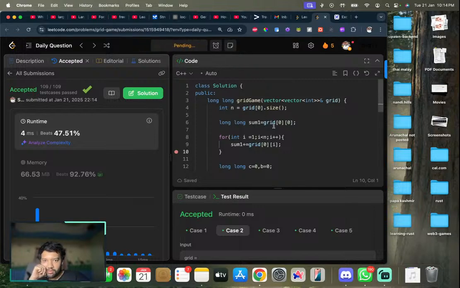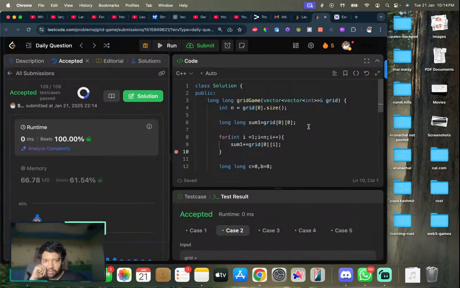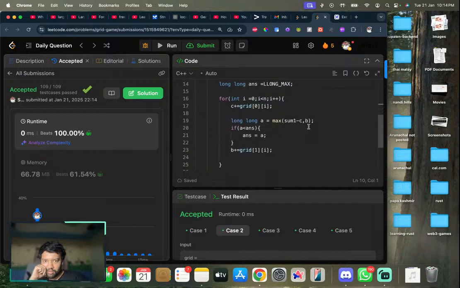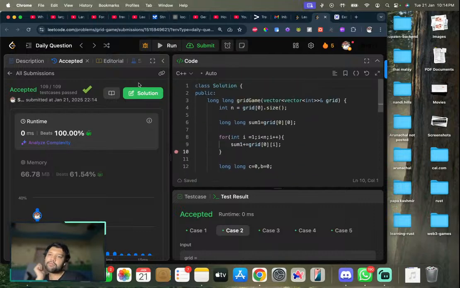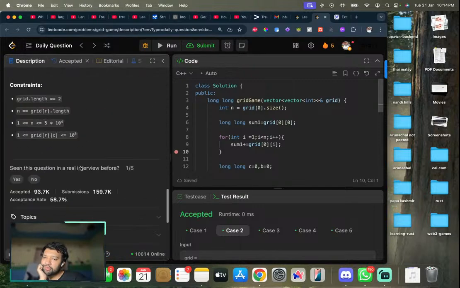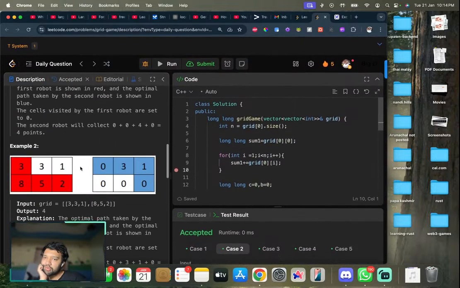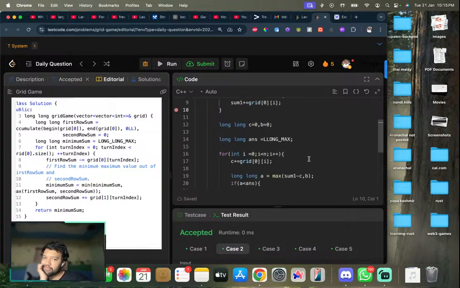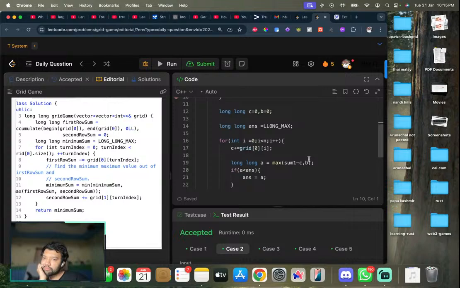Ah, sum one, see, I'm using. So, yeah, this seems good. Okay, I don't need this variable.